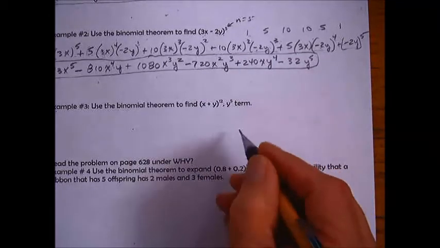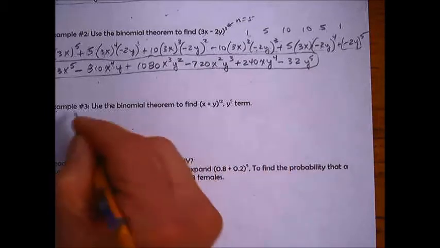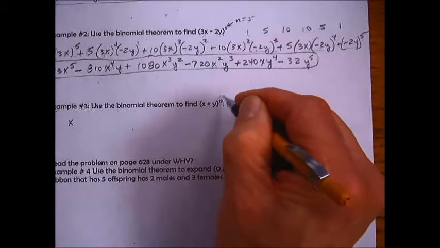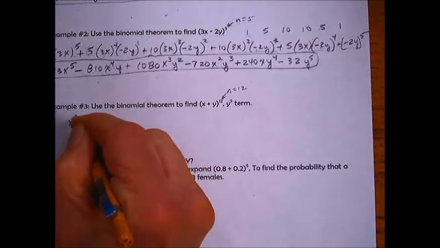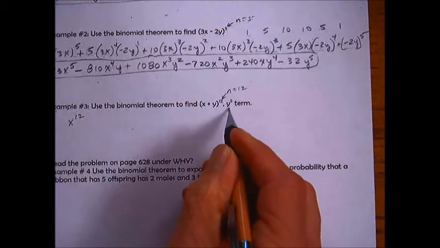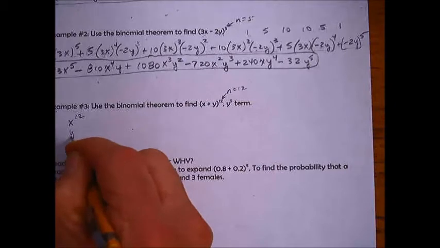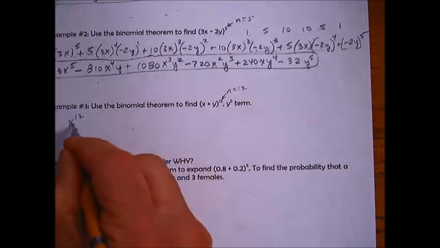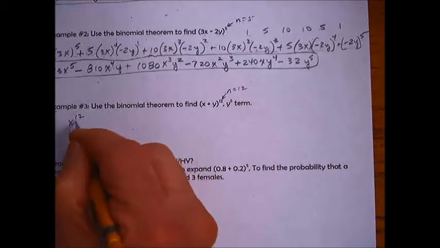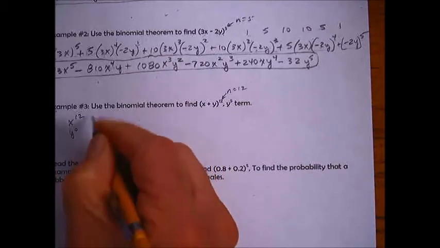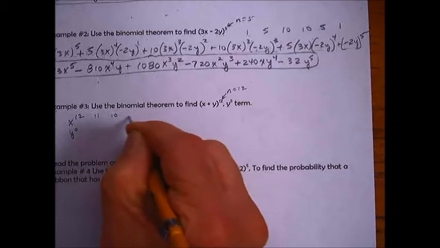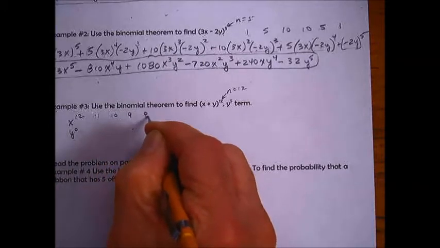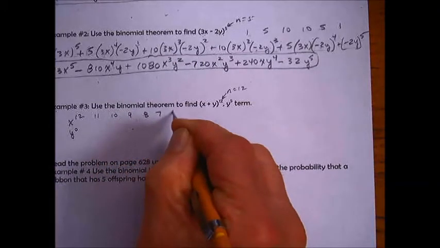So that's the question. So we know that it's going to start with x to the nth, and in this case, n is equal to 12. It'll start as x to the 12th, and y is going to start as y to the 0. And after that, it just starts working its way down for the x's and up for the y's. So it'll be x to the 12th, 11th, 10th, 9th, 8th, 7th, and 6th, and so on.